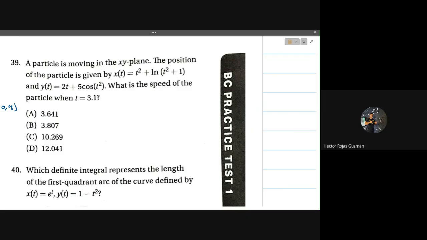Okay, our formula: you have to get x prime and square it, take y prime and square it, and then plug in the 3.1. Don't do it by hand. You can do it however you want in the calculator, all at once or in parts, but do it with the calculator. And then the answer would be C.